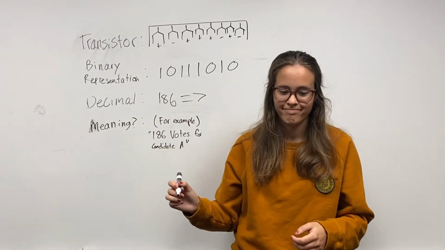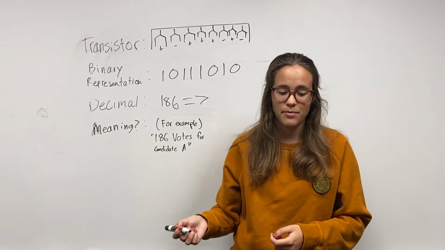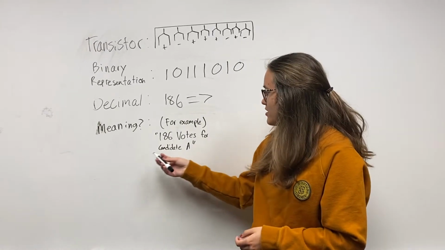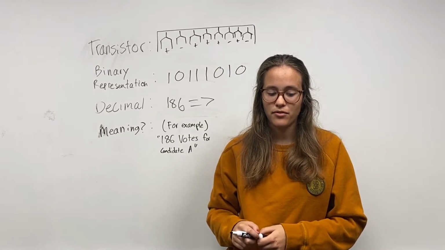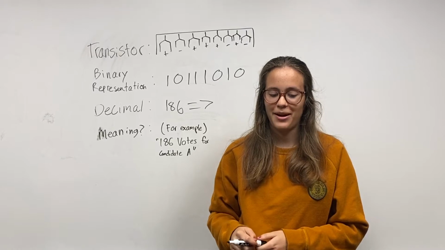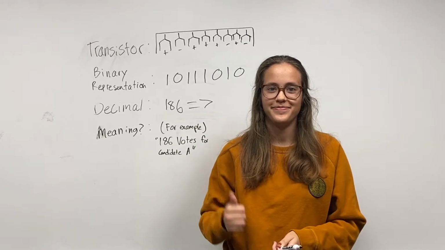That decimal number stores a type of information. For example, 186 votes for candidate A. On average, cosmic rays flip about 4 bits per gigabyte of RAM per month.